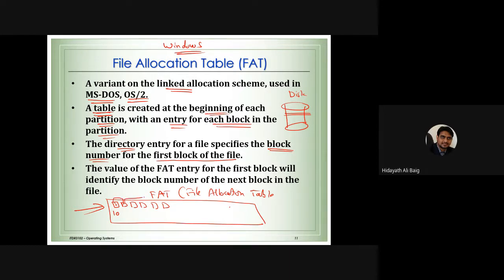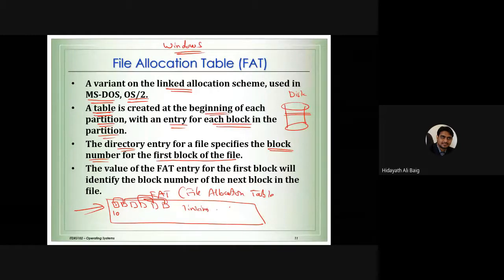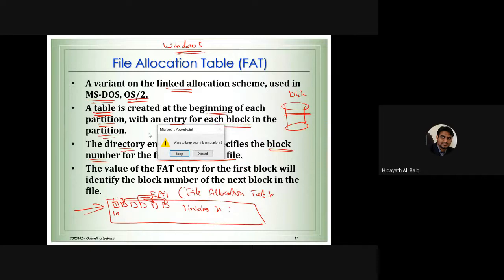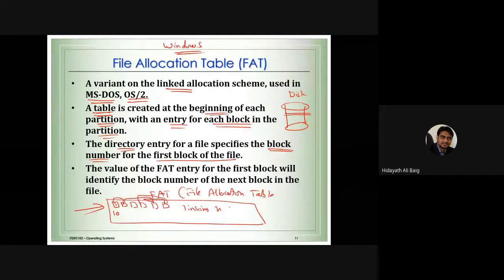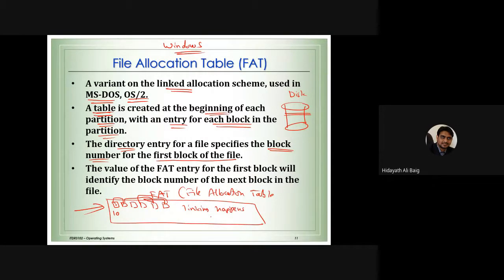Then it will tell me the next block, and then the next. That is how the linking happens inside the table. So just remember this point: linking happens in the table.